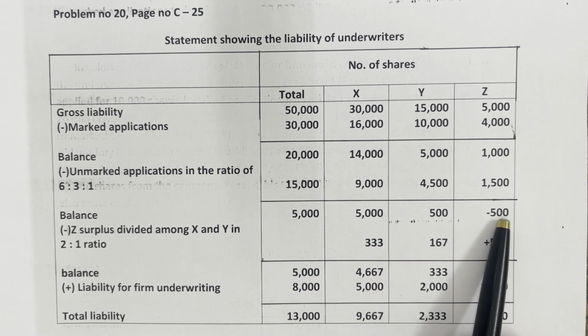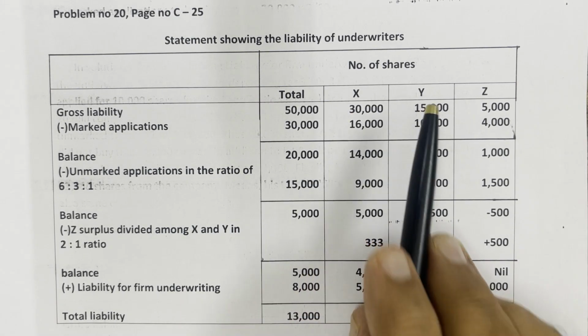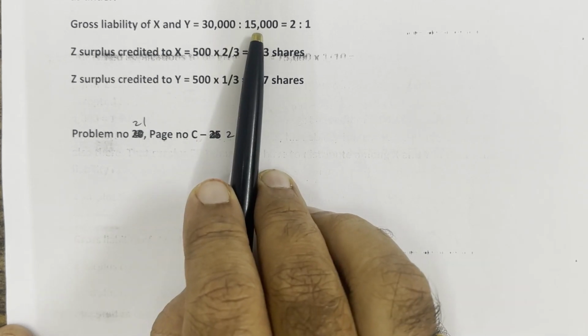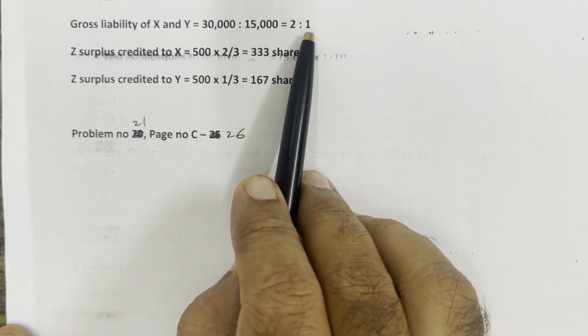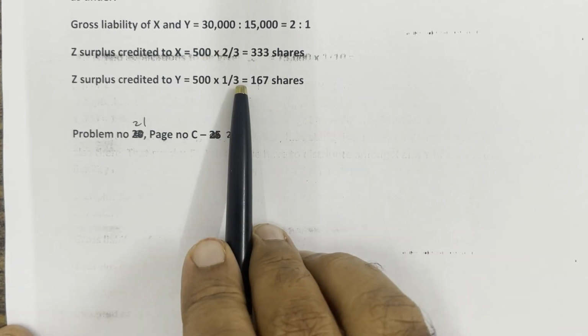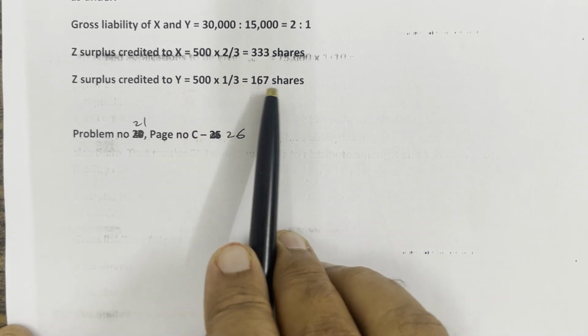Now Z's surplus shares we have to attribute to X and Y in their gross liability ratio. The gross liability of X and Y, 30,000 shares to 15,000 shares, is 2:1. In that ratio, Z's surplus shares we attribute to X and Y. Then X's shares are 333, Y's shares are 167.